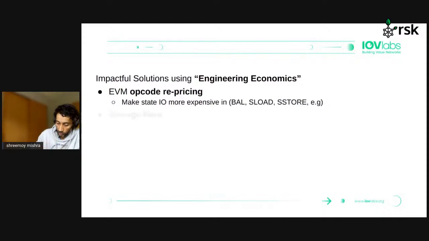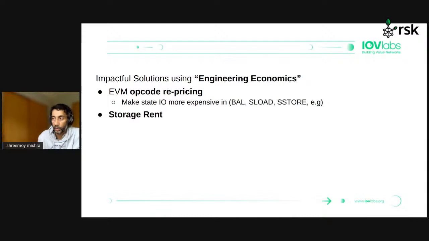The first one is really simple. The first one says, let's reprice some of the EVM opcodes. Those of you who are smart contract developers will know these as opcodes like sload to read from a storage cell, or sstore to rewrite the value in a storage cell, or balance to check the balance of the contract account or an end user's account.